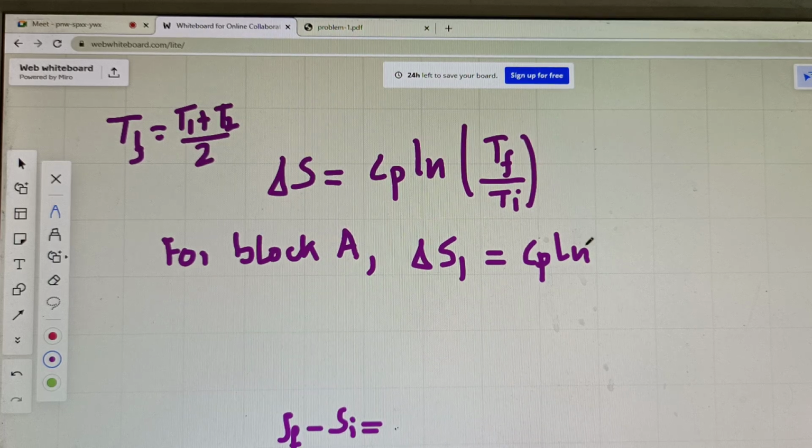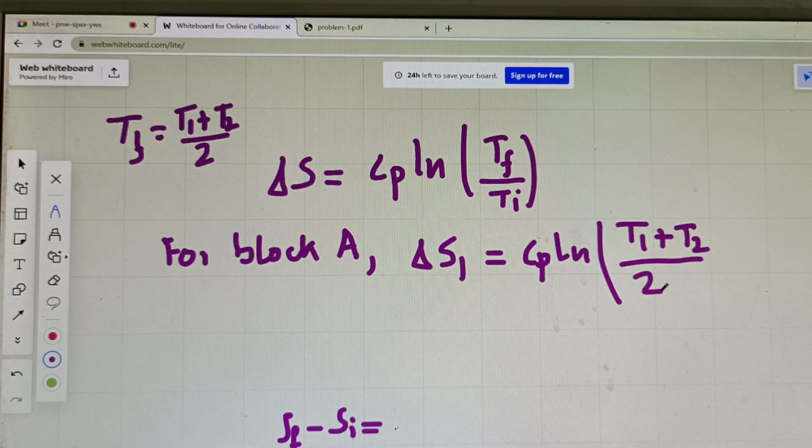Here we can substitute Tf as T1 plus T2 by 2, and the initial temperature for the first block, block A, will be T1.